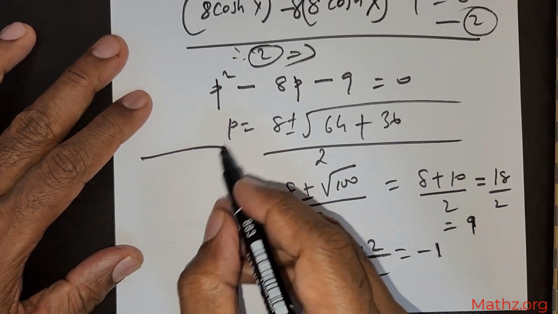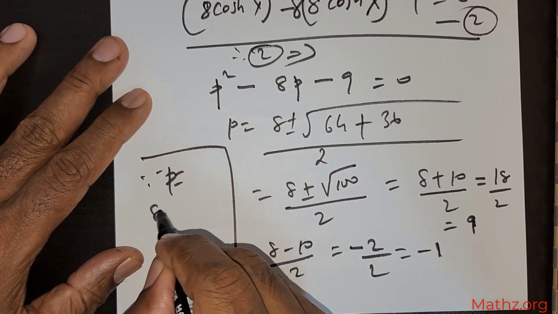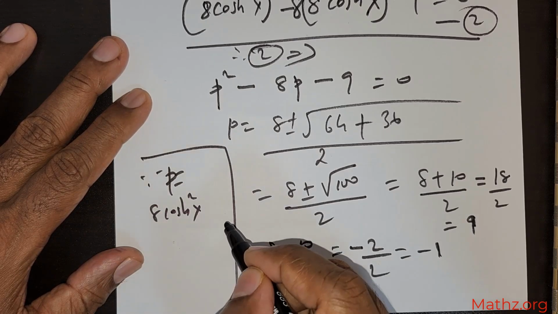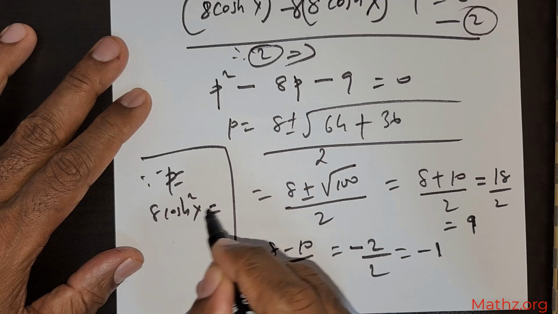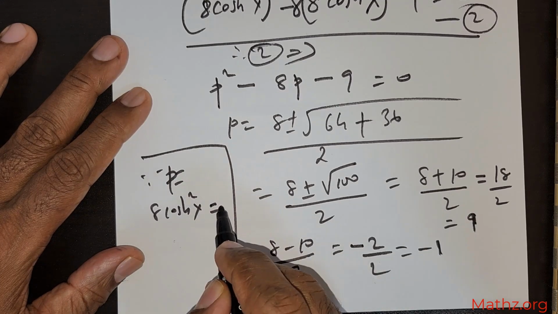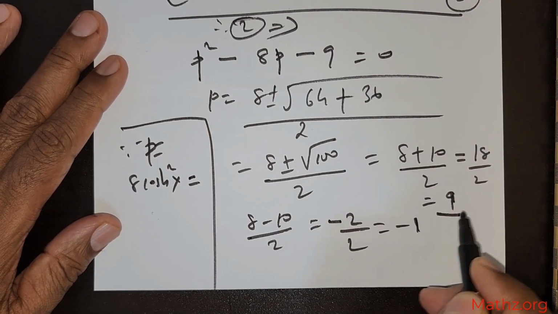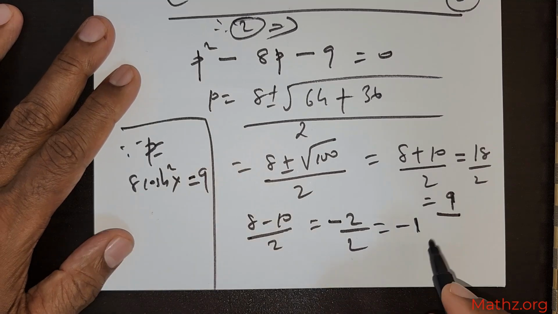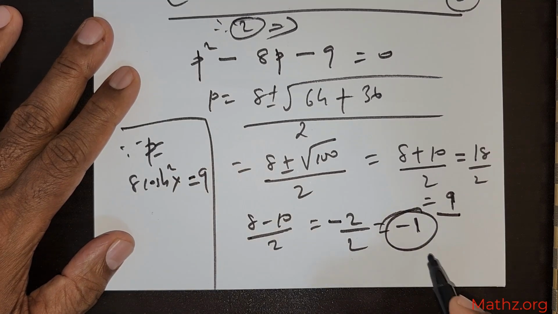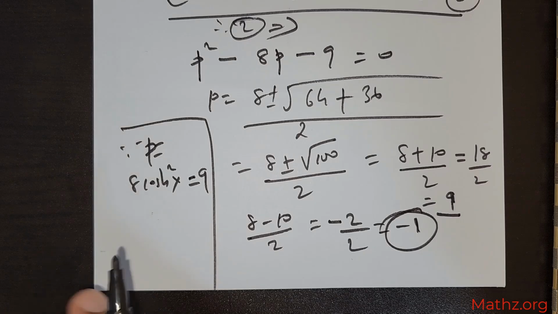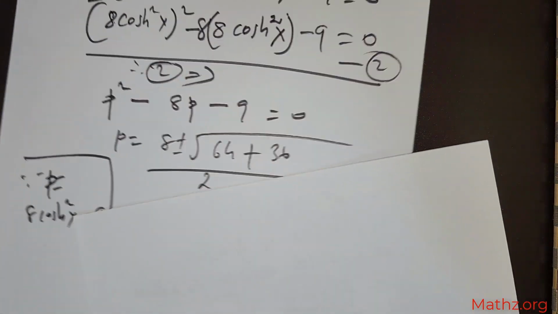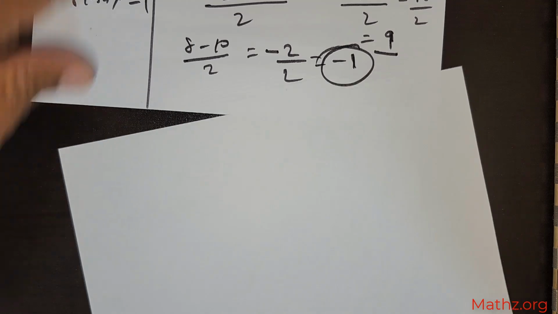But what is the value of p? p is 8 times cos squared x. So that would mean 8 times cos squared x is equal to 9. Now this value negative 1 is going to give me a negative output, so let me show that to you.